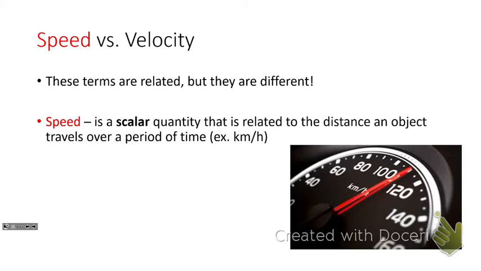They are the same but different. Speed is a scalar quantity, so it only tells us how fast the object is moving. It doesn't tell us the direction. It's just telling us the speed the object is moving. So this is a scalar quantity.